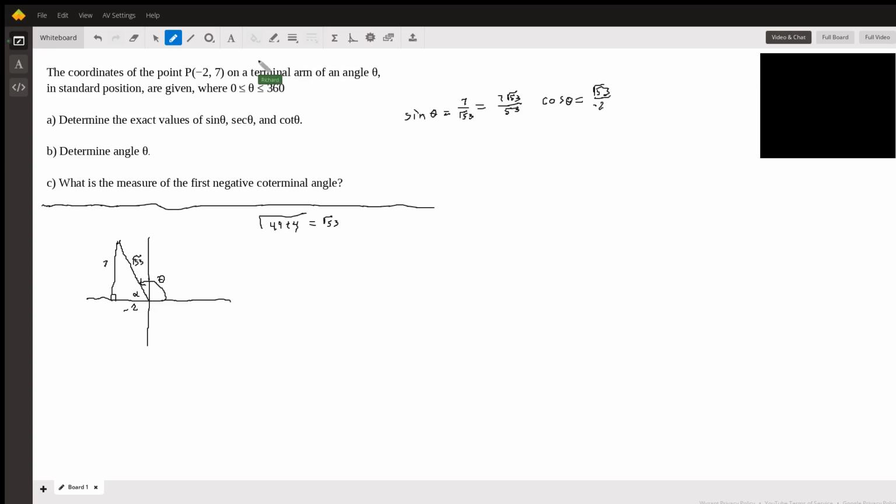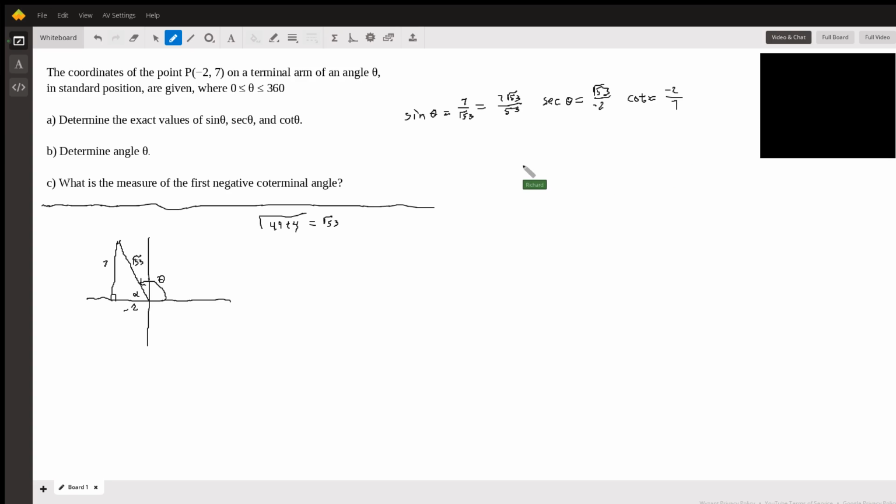I'm sorry, I wrote cosine there. I meant to write secant, because that's just the cosine flipped, and the cotangent is the tangent flipped. So it's going to be adjacent over opposite, so -2 over 7.